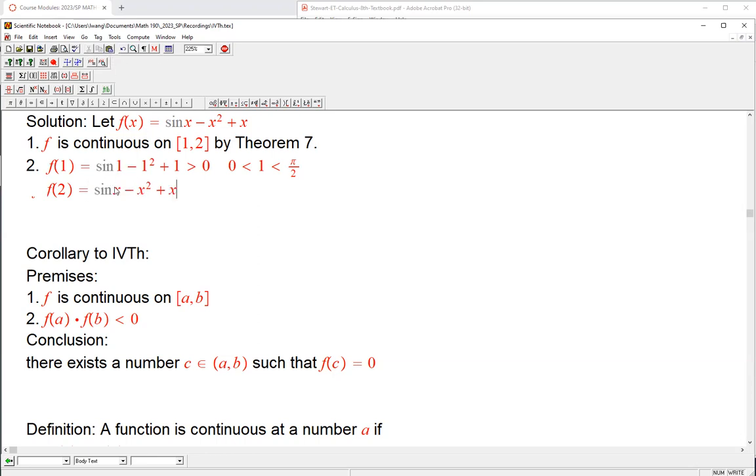Now, f of 2. What will this be? Sine of 2, whatever its value, is going to be less than or equal to 1. You don't have to know its actual value.